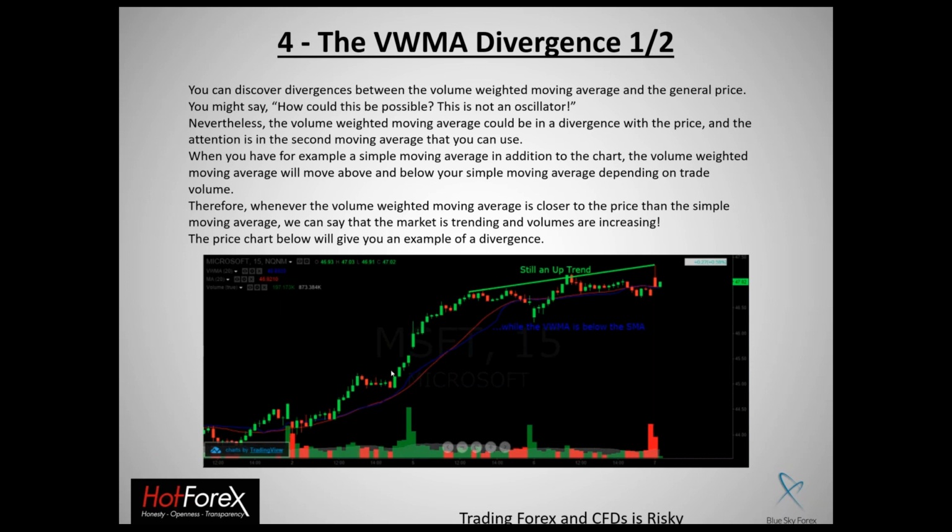Okay, so if you witness an upwards trend, for example, for some time, and you see the price still making higher highs, but the volume weighted moving average is already consistently moving below the simple moving average.